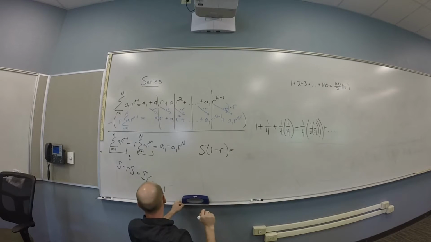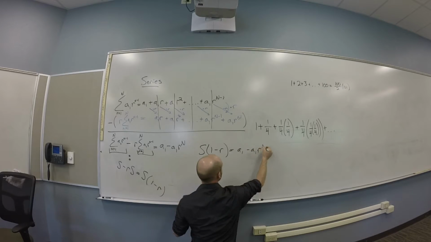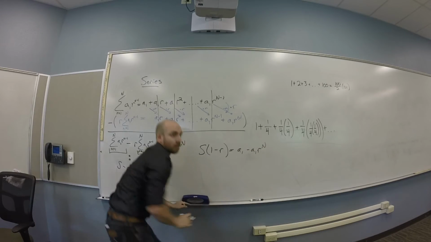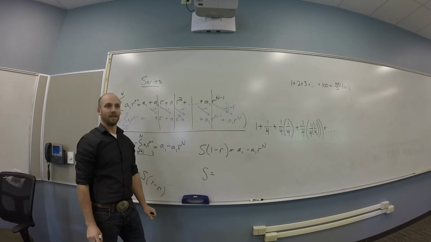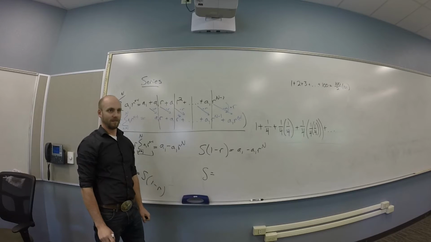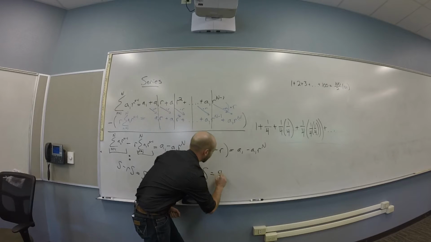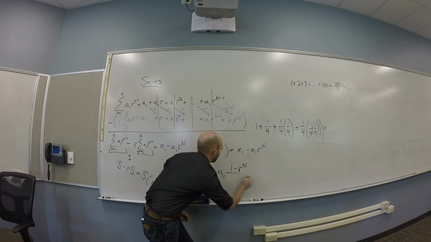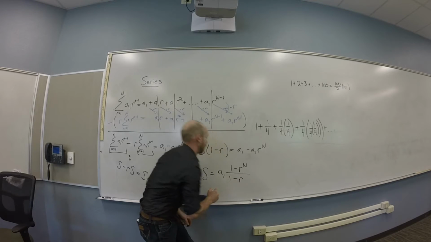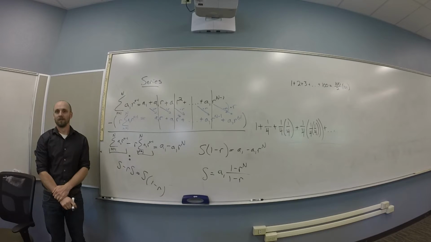So I got S times 1 minus r is a1 minus a1 r to the capital N. So S then is, let me write this in the most convenient possible form, and you can just trust me that I factored for real: a1 times 1 minus r to the N over 1 minus r. You guys cool with that?